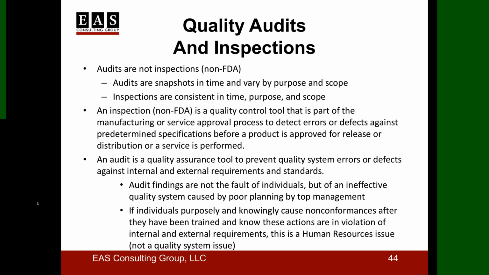Because it's serious in nature, each of those requires a mini project, which is a CAPA. So I'm not going to go into CAPAs right now. That's a different type of training. But again, when you do your audits, you have to know all these different types of areas.